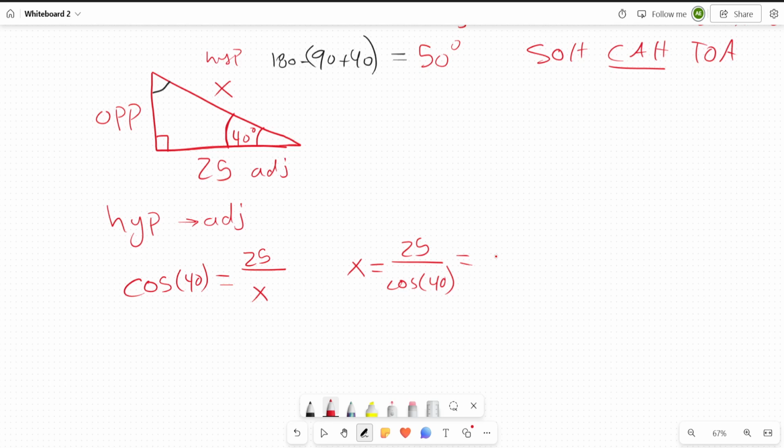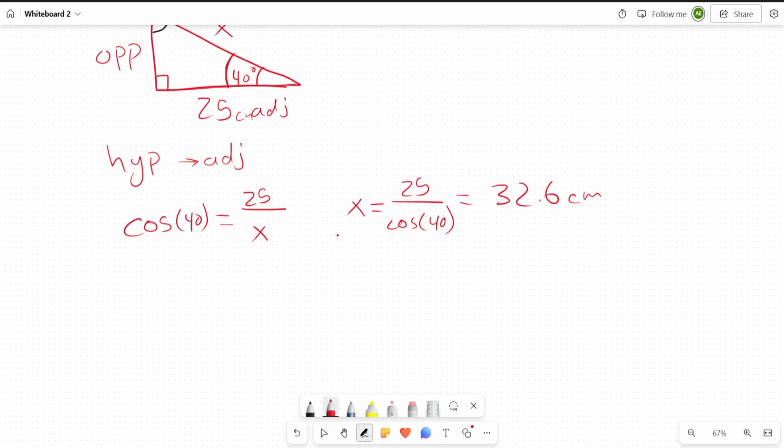And if I want to solve that, I will get my calculator, make sure it's in degrees because my angle is in degrees, and we're gonna talk about degrees and radians later on. I will do 25 divide cosine 40. I will find that my x is 32.6. Let's say this is centimeter, and this is centimeter, and this is my answer.